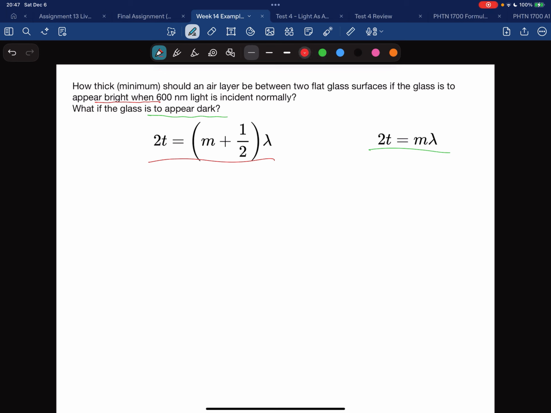So we are finding how thick it should be. So we're looking for T. So I will rearrange this for T. And we are looking for the minimum, so we're going to minimize M here. Let's try plugging in 0, the minimum value here, and see what we get for 600 nanometers.